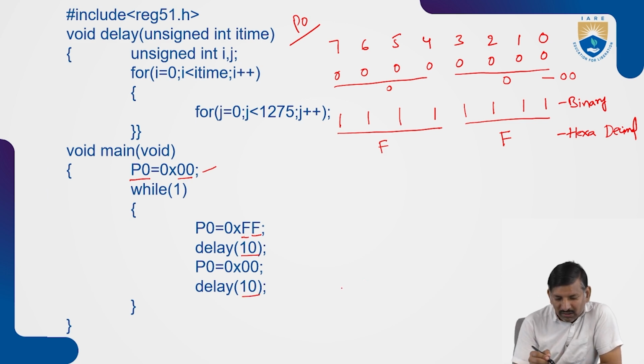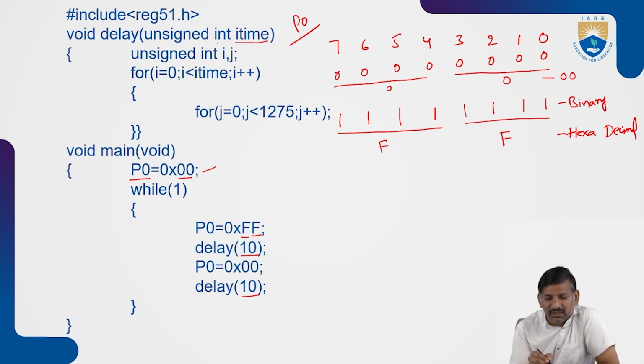Here, the delay function is defined outside. So the delay takes a variable. Whatever value I am taking comes from this iTime variable. Since that value is an integer, I am taking an unsigned integer, because there are no negative values.